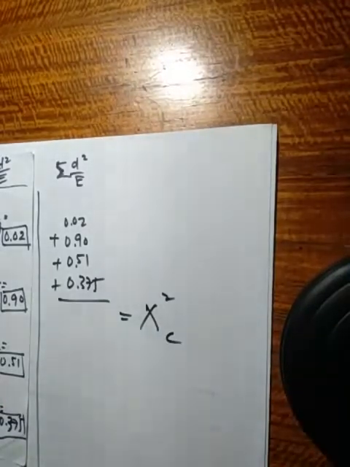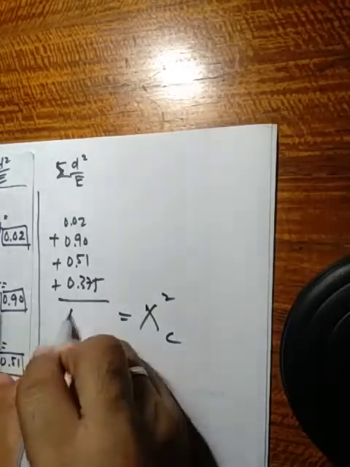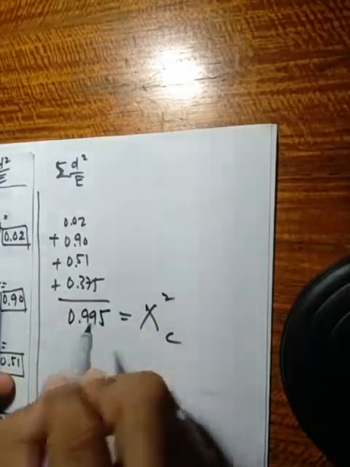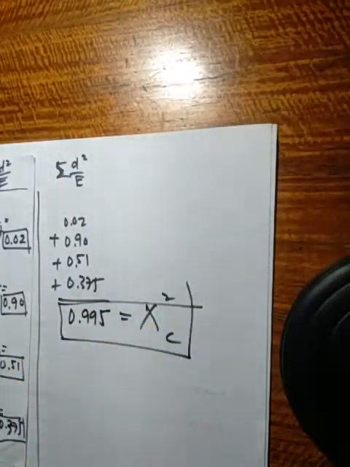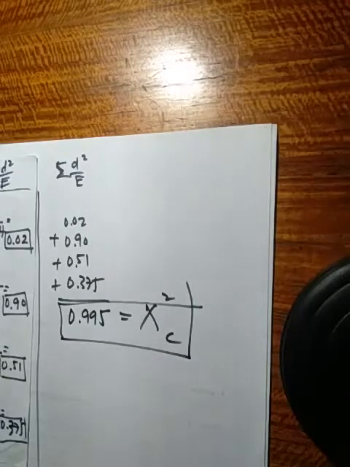So let's add this all up. 0.02 plus 0.90 plus 0.51 plus 0.375, and the answer is 0.995. So our chi-squared computed is 0.995.